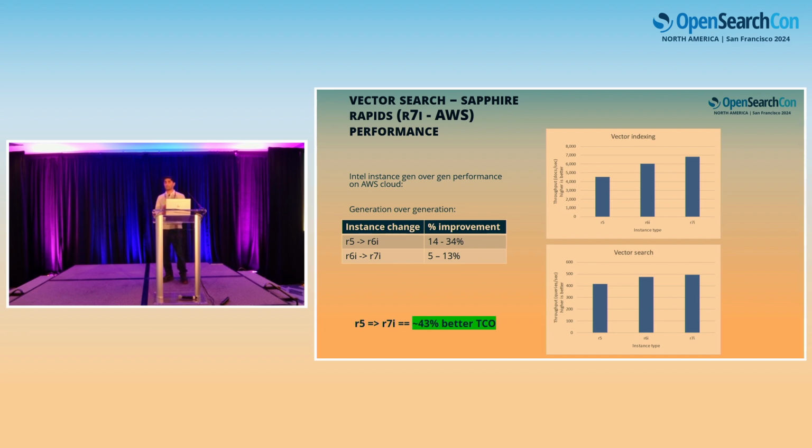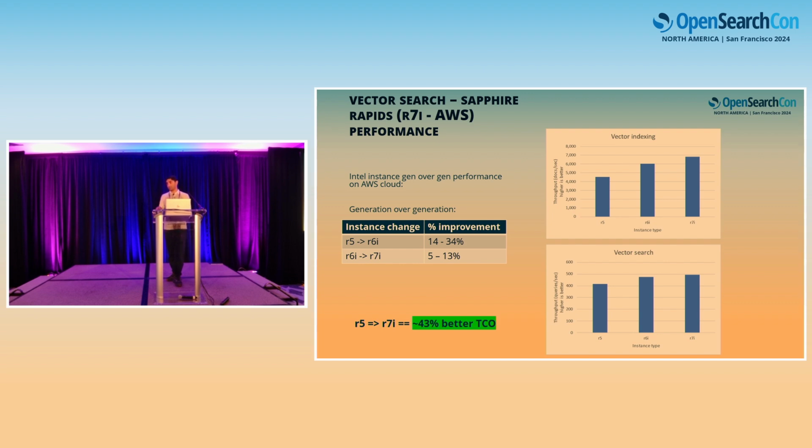Let me pause here and try to explain what's happening. The vertical lines you see represent three different products, going from old to newest for Intel. R5 is what, as far as we know, the majority of customers use today. As you go into newer hardware, you can see significant improvements.